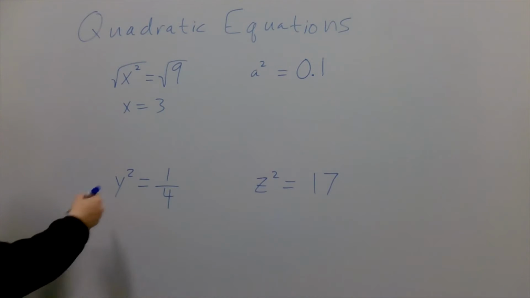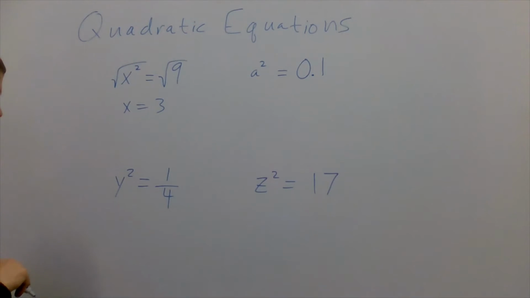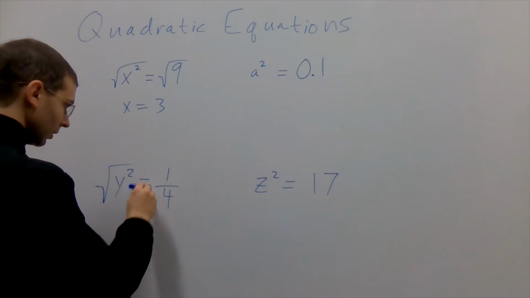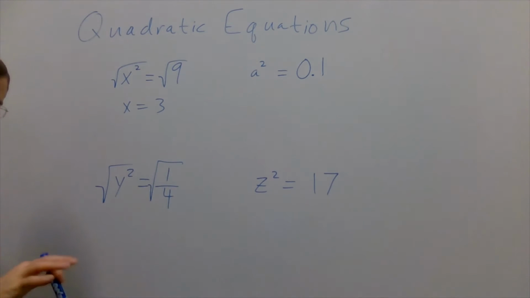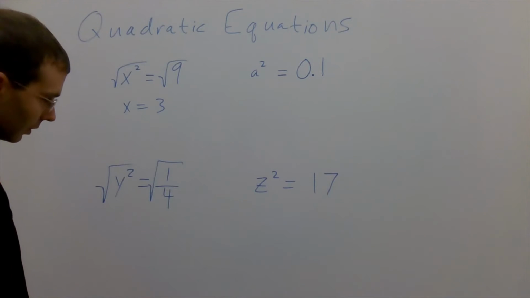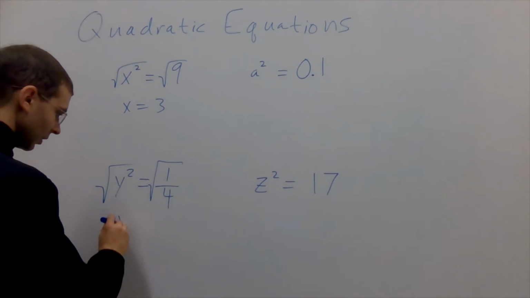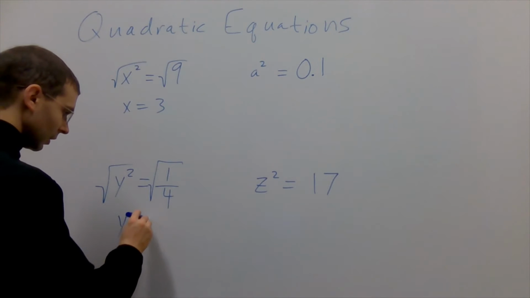The next situation I'd like to consider here is if we're dealing with a fraction. All right. So if I take the square root of both sides, now we could put this into our calculators, right, and get a number that way. But it's important to be able to work with these things to some extent.